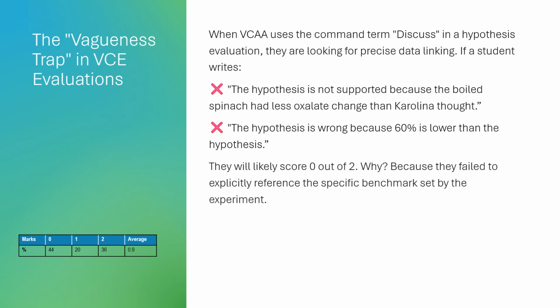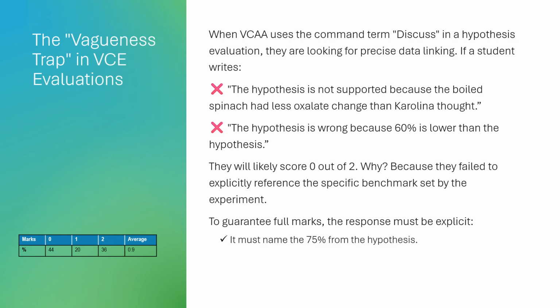They will likely score 0 out of 2. Why? Because they fail to explicitly reference the specific benchmark set by the experiment. To guarantee full marks, the response must be explicit. It must name the 75% from the hypothesis. It must compare it directly to the calculated 60% from Part F.